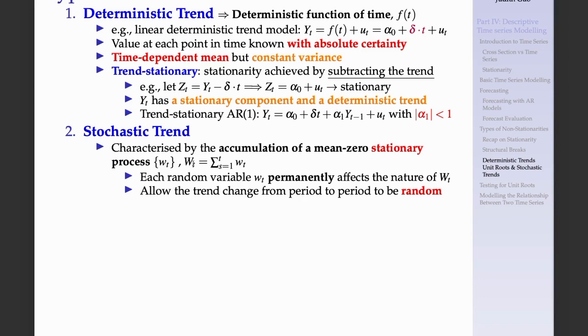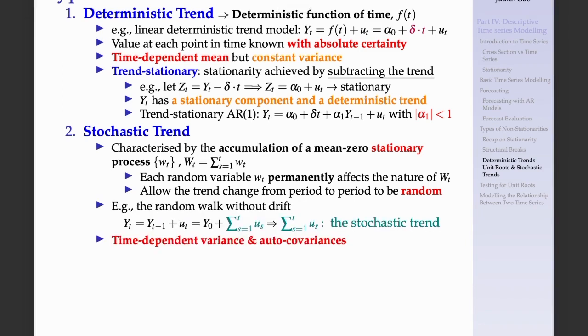And given that this w is random, this allows the trend change from period to period to be random, because we cannot predict the next move of the lowercase w. Therefore, the uppercase W, the accumulation of these random variables, is stochastic, unpredictable, random.